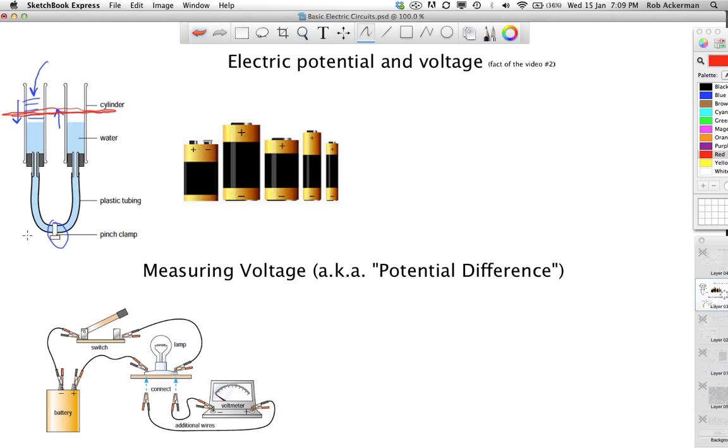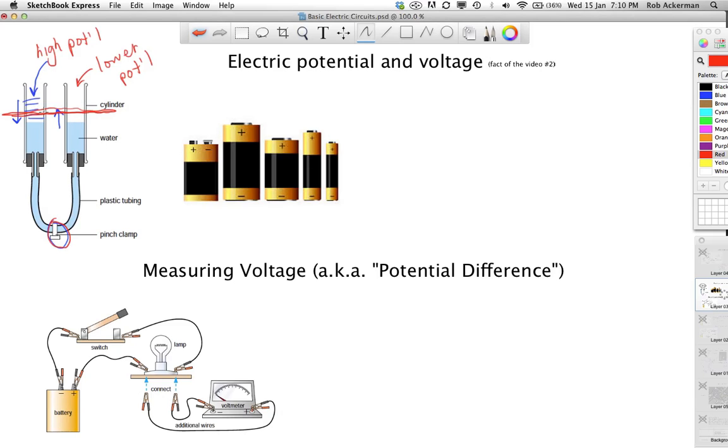What does this have to do with electricity? Simple. When we pour the extra water in here, we raised the water level up. This was at what we call a high potential. The water down here was at a lower potential. And therefore, if we opened up the clamp, water flowed from high potential to low potential.